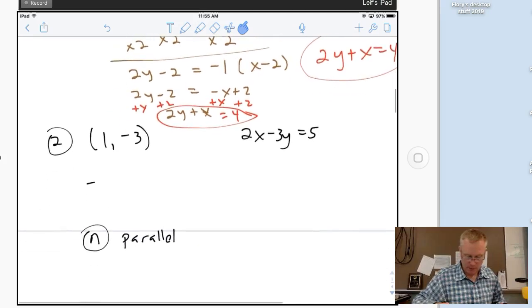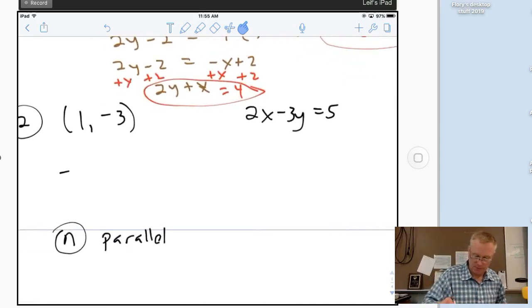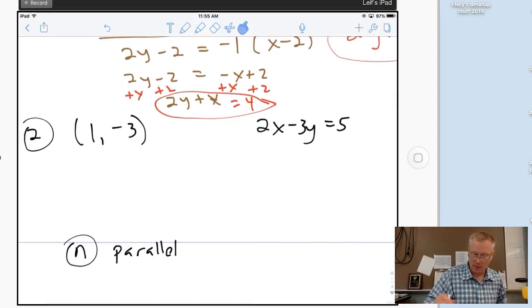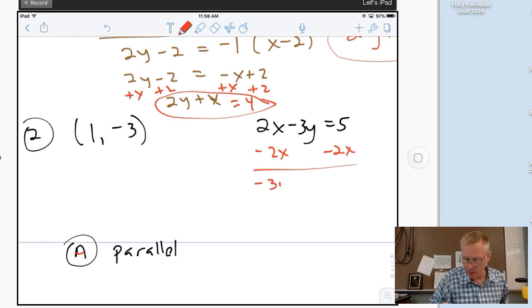Okay? So there's that. Next, same kind of problem. And this is the equation. They want to know parallel, perpendicular. In fact, I got a couple of these going. So if I manipulate this equation, if I subtract 2x from both sides, I get -3y equals -2x plus 5, or 5 plus 2x.